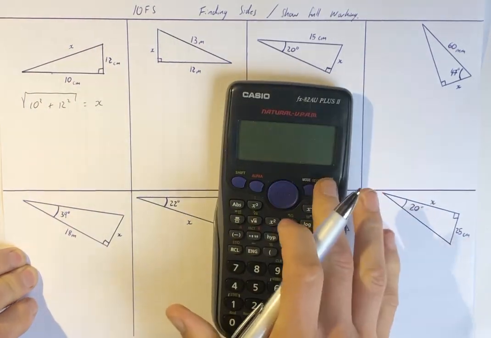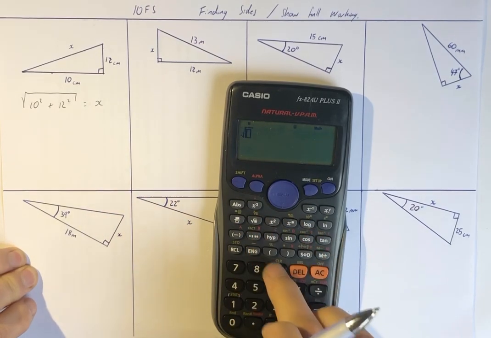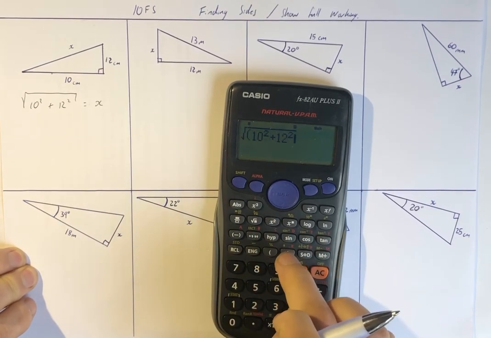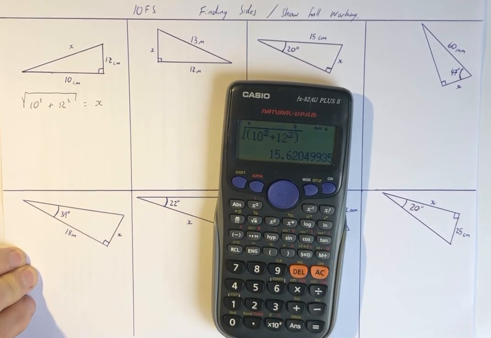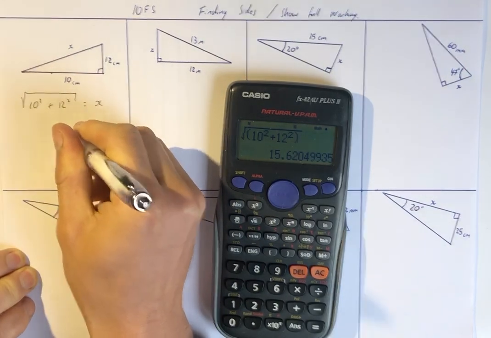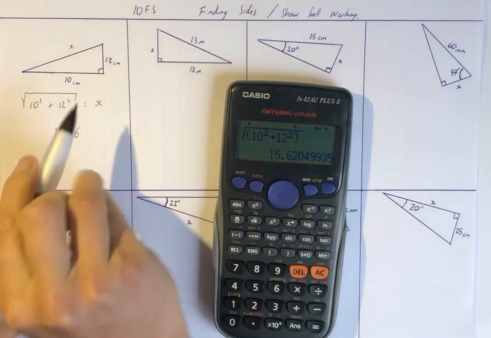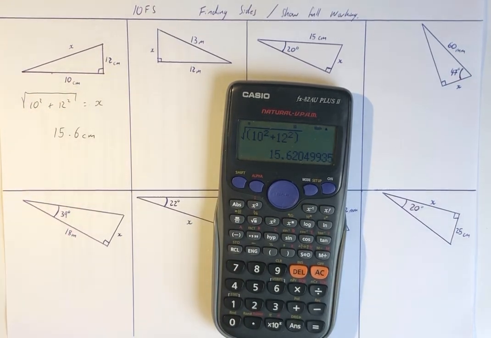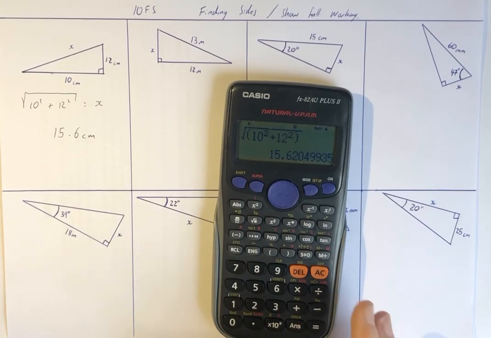So that's going to be the square root of 10 squared plus 12 squared. If I need to close that bracket as well, don't I? So my answer is 15.6, and it's centimeters. Hopefully you guys can read that. You might need to put this on full screen.